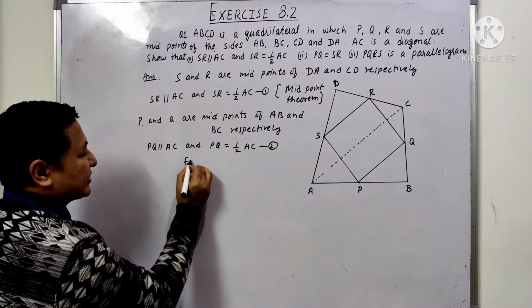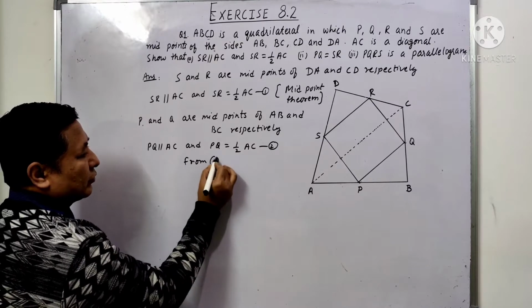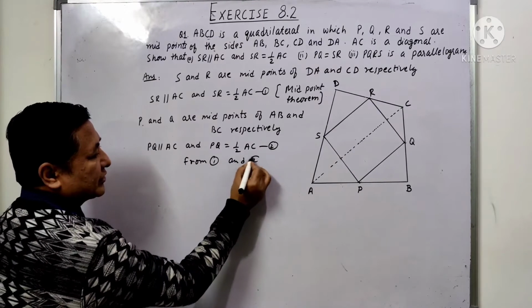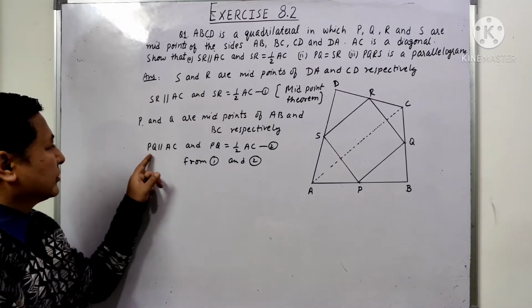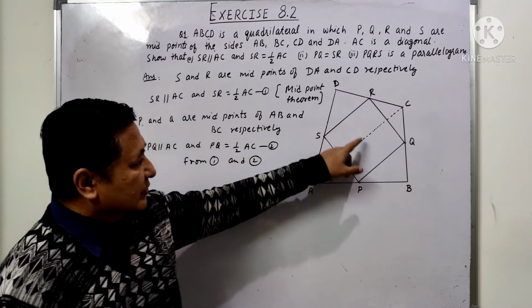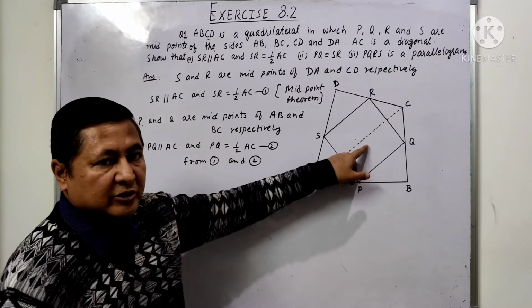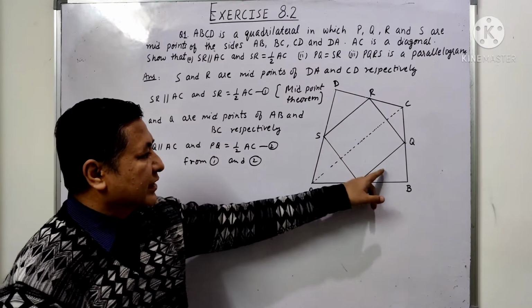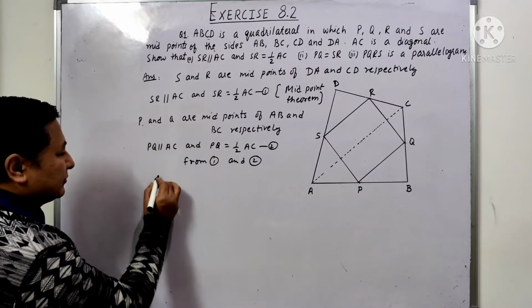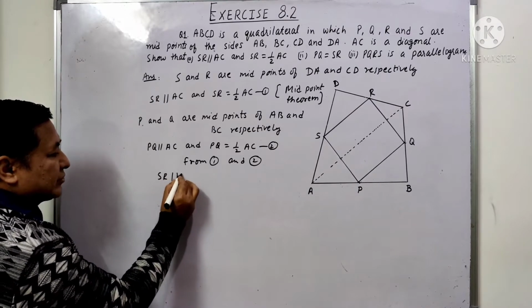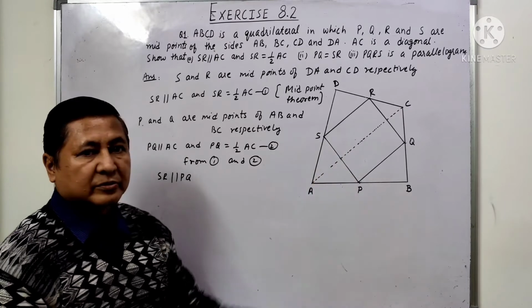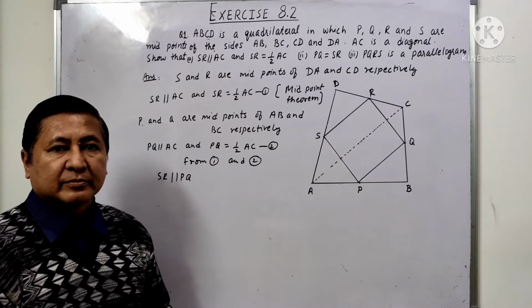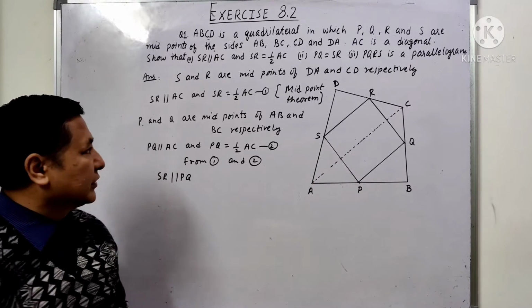Now from first and second, see, SR is parallel to AC and PQ is also parallel to AC. So therefore SR and PQ will also be parallel. So SR is parallel to PQ. Two lines which are parallel to the same line are parallel to one another.